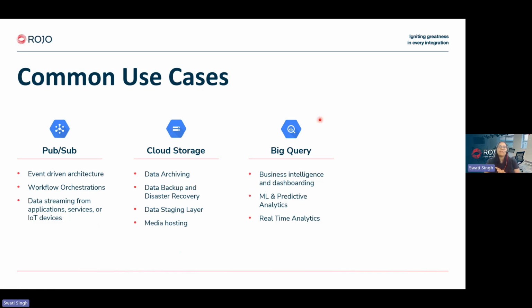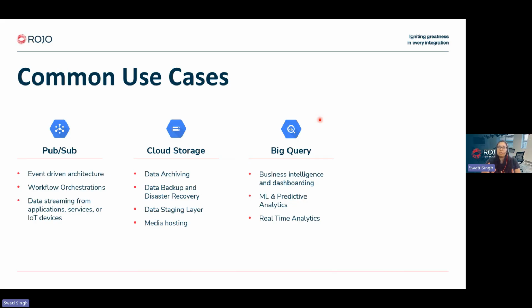Looking at some of the common use cases that we would have. Like I mentioned, we will talk about 3 adapters today. We would have the Google PubSub. It is one of the products in the Google Suite, which help with the event-driven architecture. So here you would be able to publish to topics and subscribe from them. And along with that, it also gives you horizontal scaling.